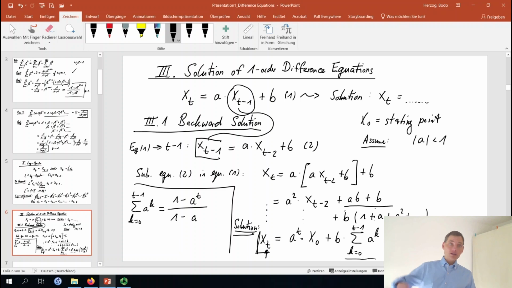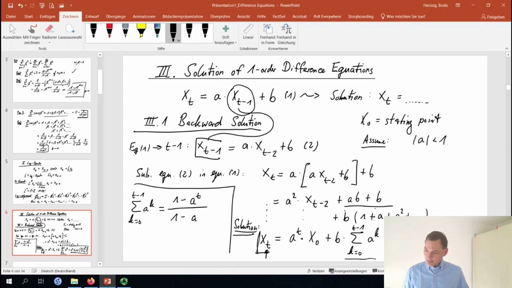You can calculate the value of x at 0, at 1, and 2, and 3, and then you would see how this function evolves over time. That's a discrete function evolving over time. And that's my solution of a first order difference equation using the backward solution method.